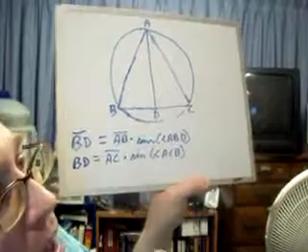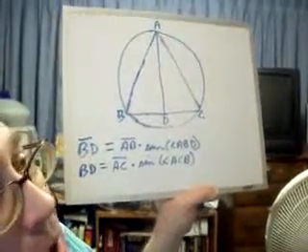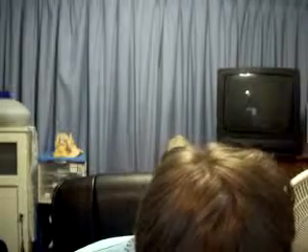Well, by the transitive property, if A equals B and B equals C, then A must equal C. Now we can say something here. Are you ready for this? Looky there.